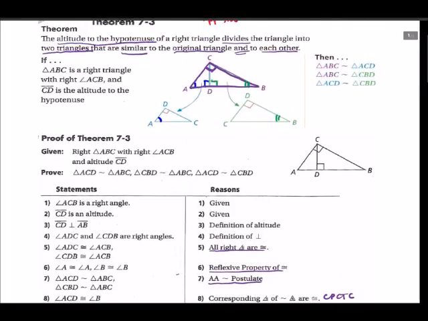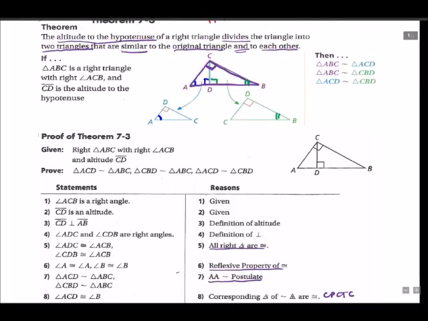But if we look back up here, this is a shared side between this triangle and this triangle.